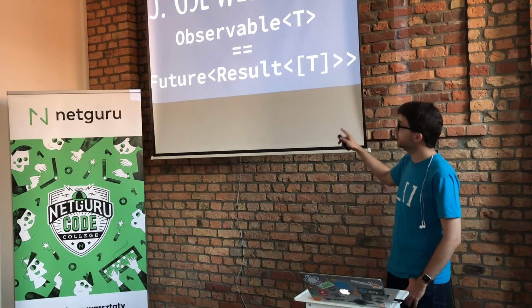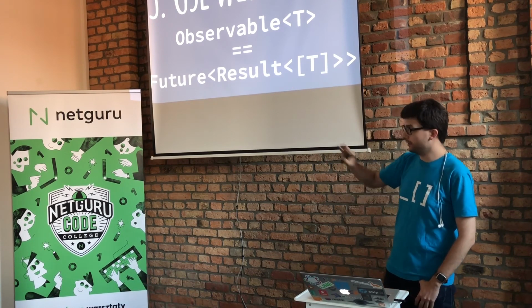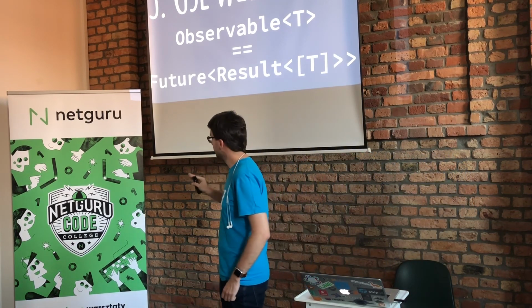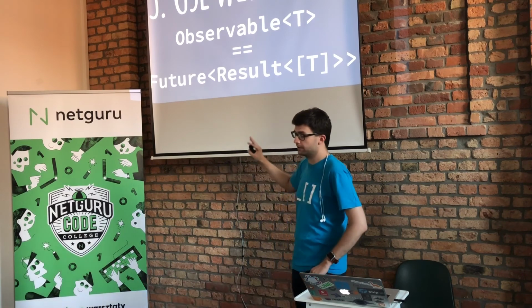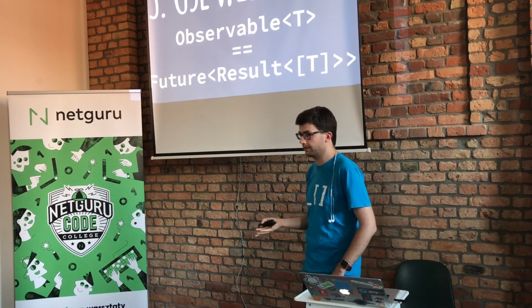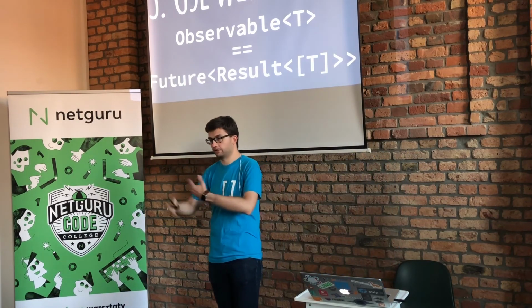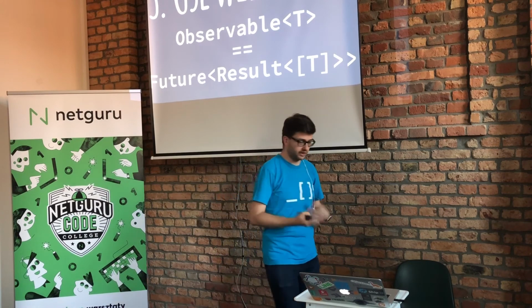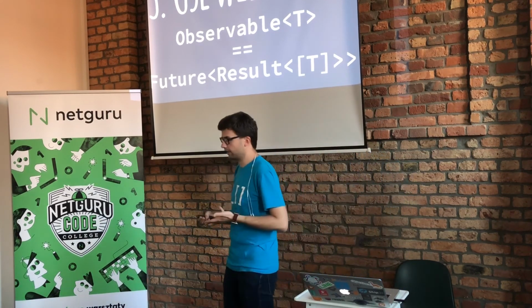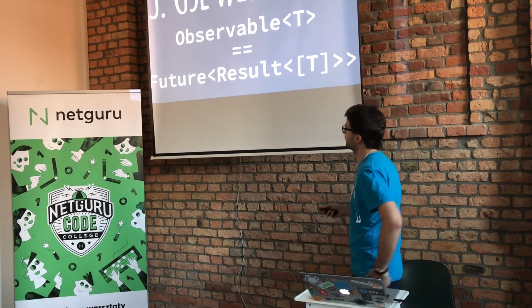But this is not the only choice. For example, I've seen in various future libraries that a lot of them are using something called future result. They may call it just future, but basically it's a future result, which means that the future is not only saying that something will be executed asynchronously, but also has those internal enum states that say that something has errored or completed without an error.